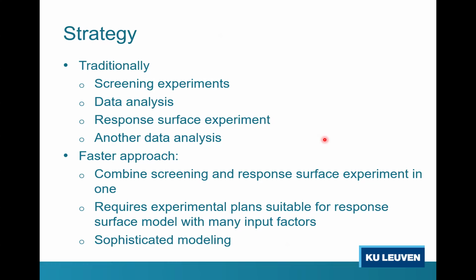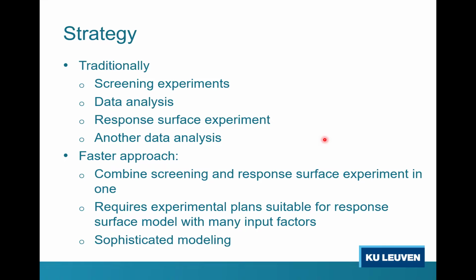Of course, all of that is quite ambitious. You want a limited number of tests. You want to learn an awful lot. So that's very challenging. And because the experiments are a little bit small, you have a challenge to identify the best model for your data.